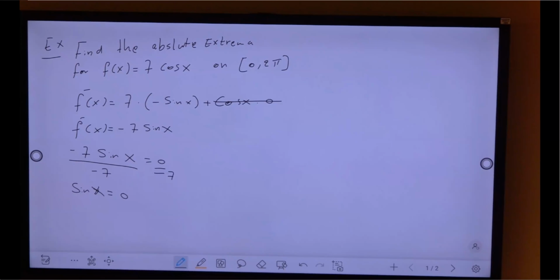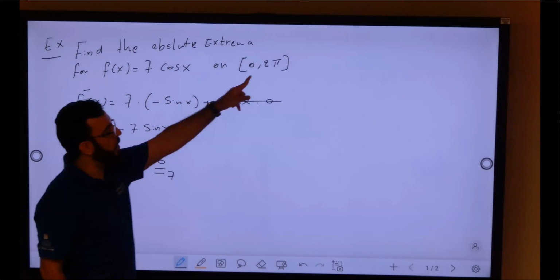When you leave the unit circle, the chart, sine x equals 0. But which number am I going to plug in here? Sine of this angle is going to be equal to 0. 90 degrees is not going to work. It's between 0 and 2 pi.